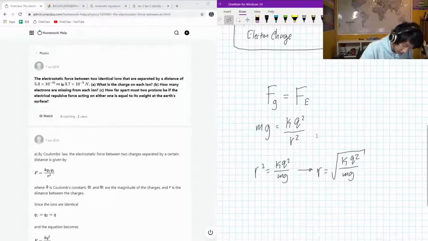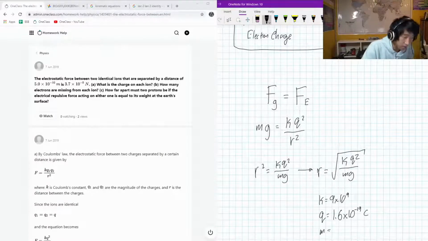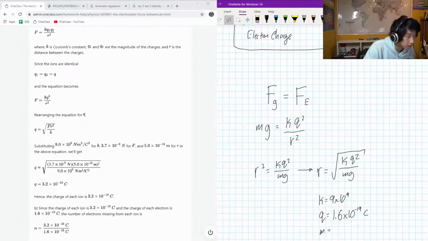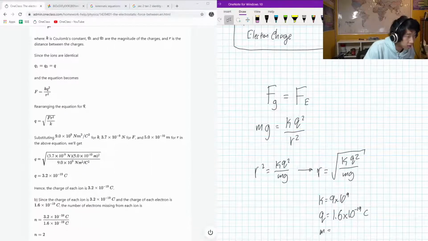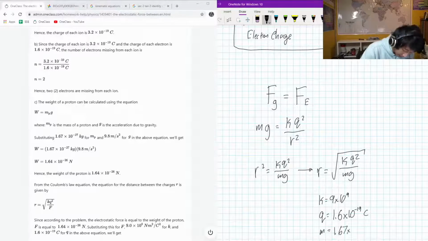Now, to sub in these numbers, we know that k is going to be 9 times 10 to the 9, nice and easy. Q is going to be the charge of a proton, which is the exact same as the charge of an electron, so 1.6 times 10 to the negative 19 coulombs. The mass of a proton, if I remember correctly, is 1.67 times 10 to the negative 27 kilograms.